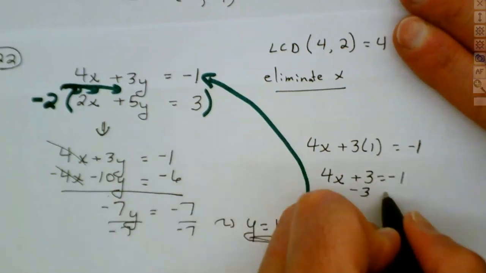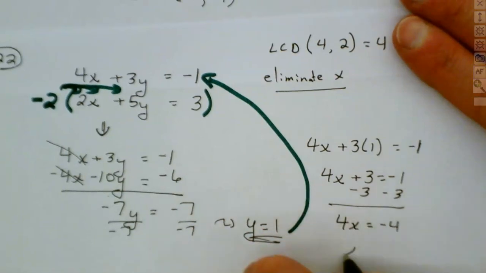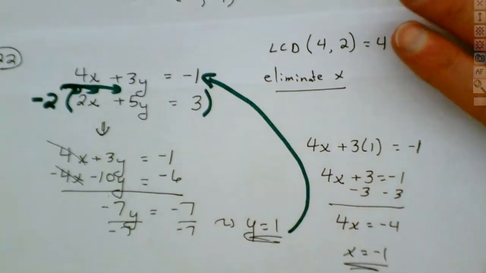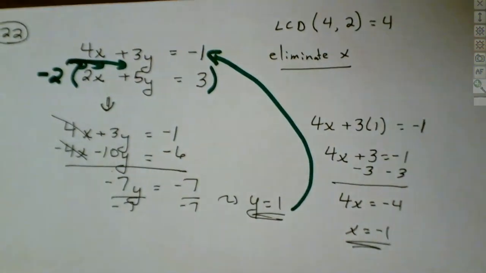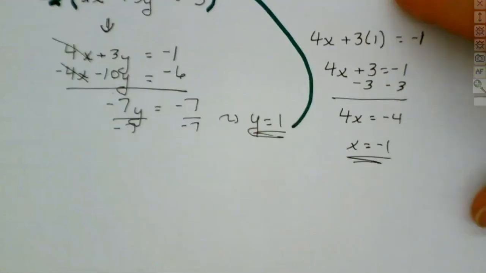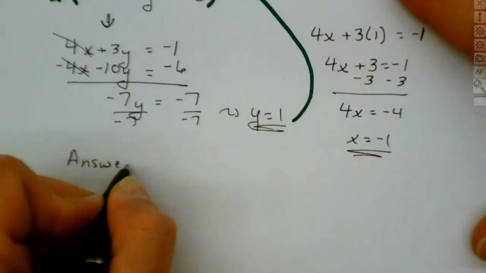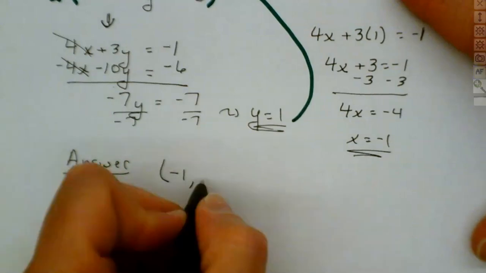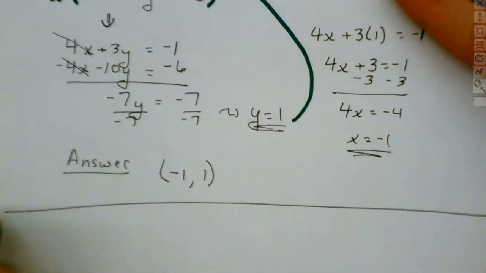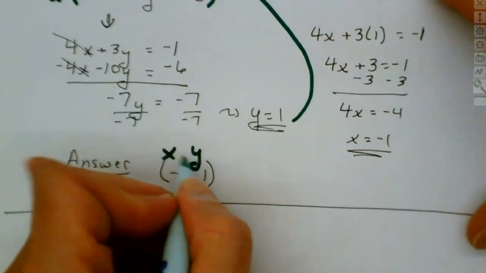Move that 3 over. So 4x equals a negative 4. So x equals negative 1. What's my answer as an ordered pair? Well, as an ordered pair, that answer would simply be negative 1, comma 1. So there's your x and there's your y.